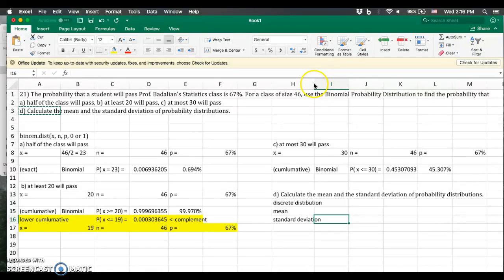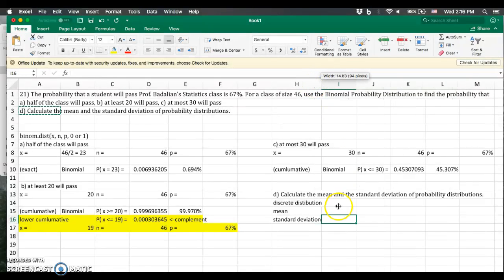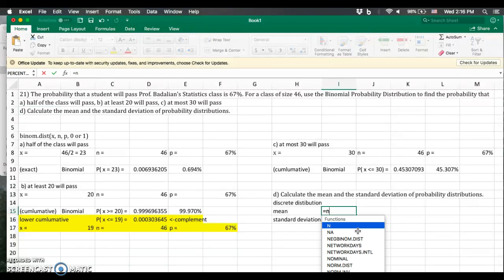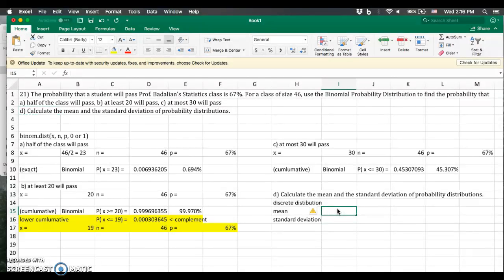The formulas are still going to use the N, the P, and one more thing, Q. The mean is found by N multiplied by P. For the standard deviation, it's going to be the square root of N multiplied by P multiplied by Q.